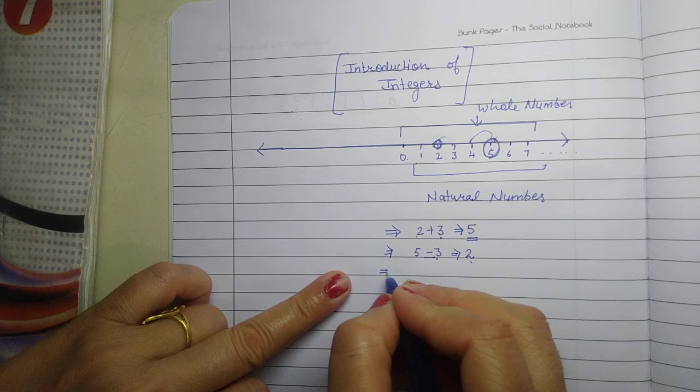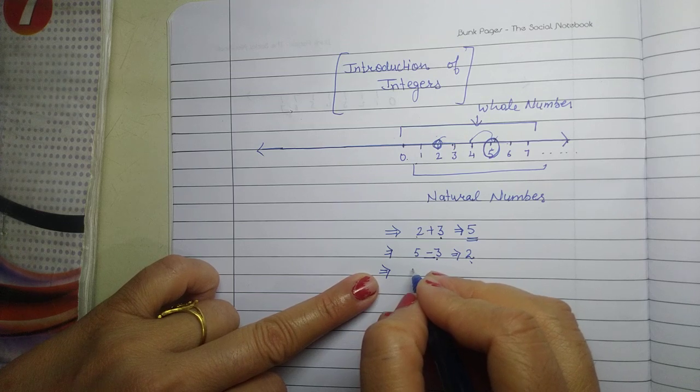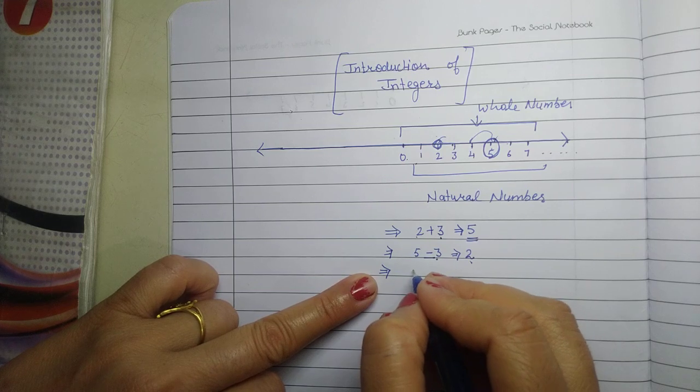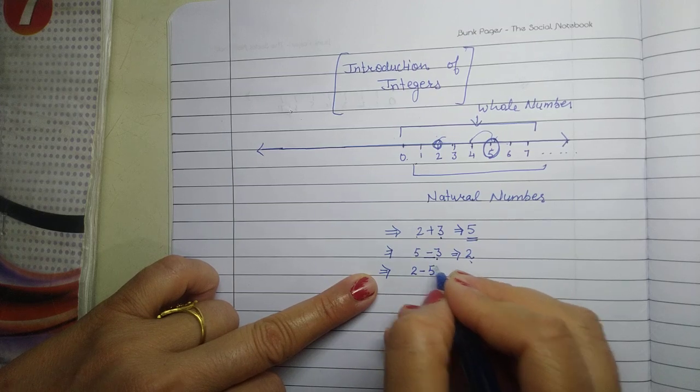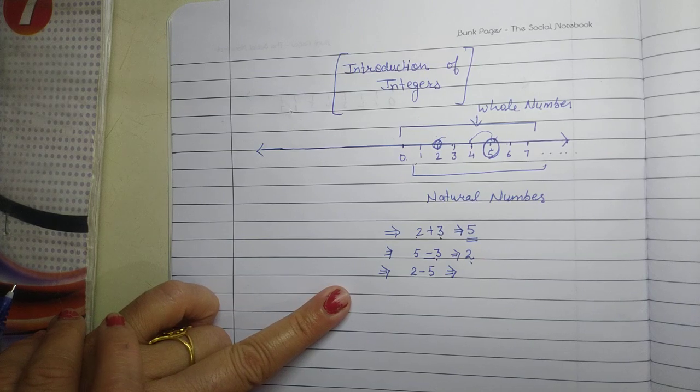Now students, in the third example, if I subtract a bigger number from a smaller number, for example 5 subtracted from 2, then what result will you get?